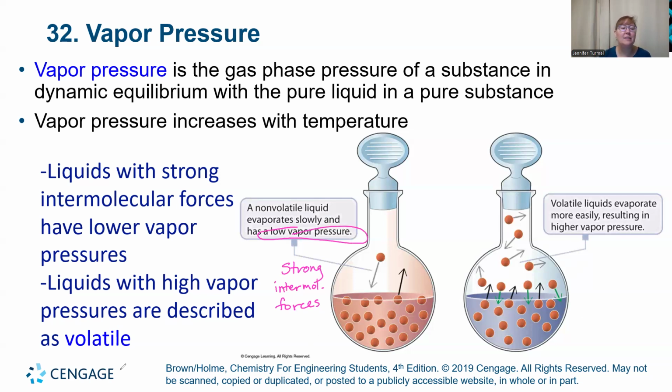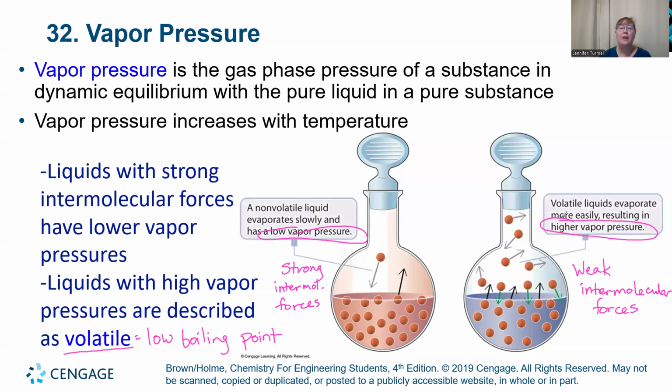This one is called volatile. It's volatile because it has a low boiling point. And you can get low flash points, and you'll get liquids that will boil at or below room temperature, which can be dangerous depending on what you're working with. And so here we have weaker intermolecular forces, and those weaker intermolecular forces give you a high vapor pressure.